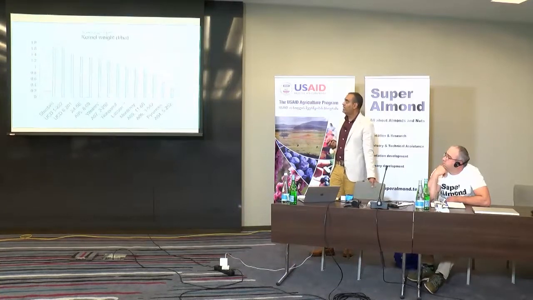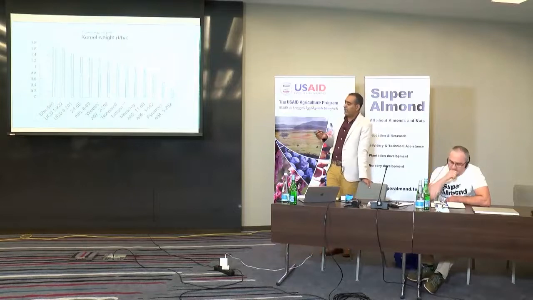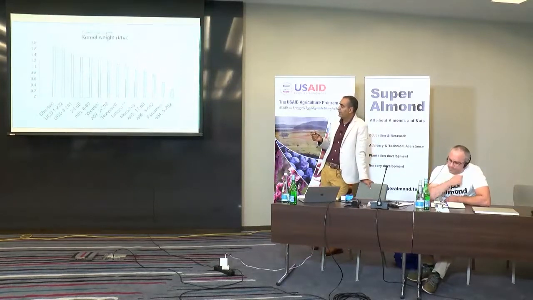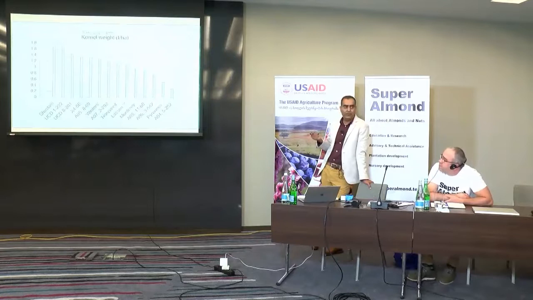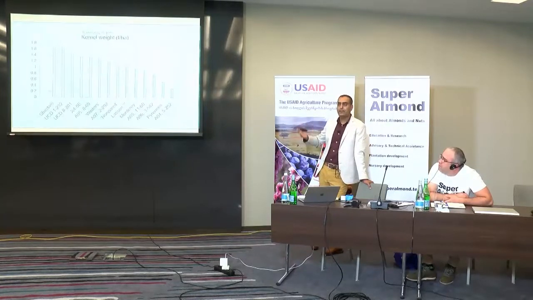So initial data from the third year of the trees, so basically really the first good harvest. In terms of kernel weights per hectare, Shasta is really on the top.